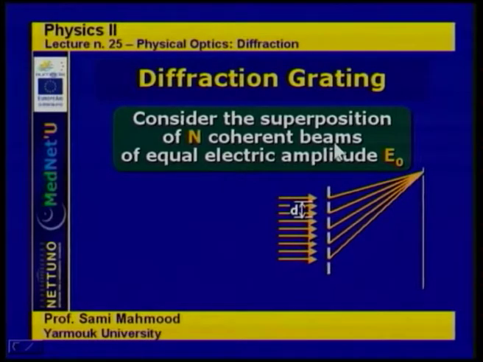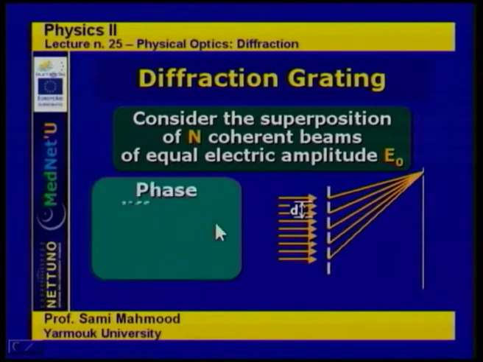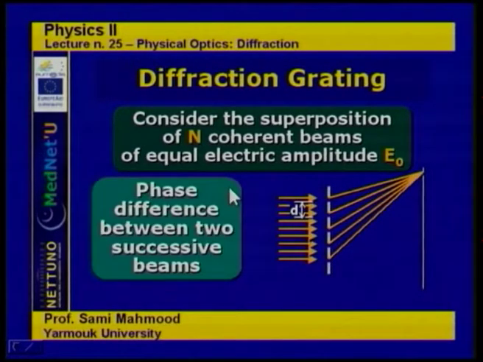So these are N coherent beams, and each one of them has an equal amplitude E naught. And we consider the problem of superposition or interference of these light waves emerging from these N slits or openings.